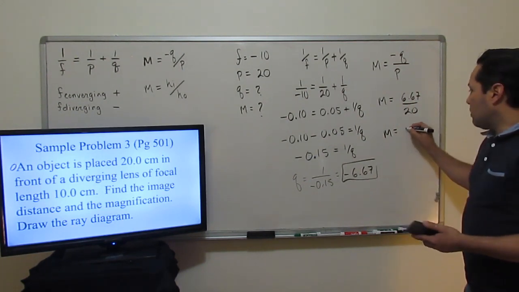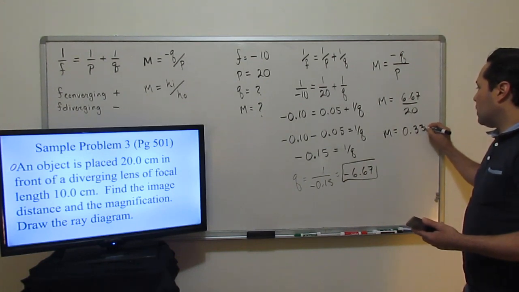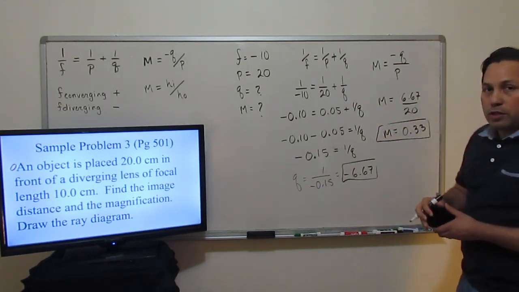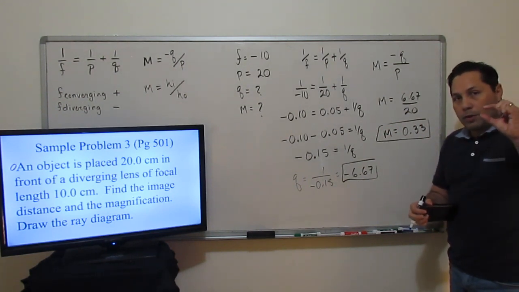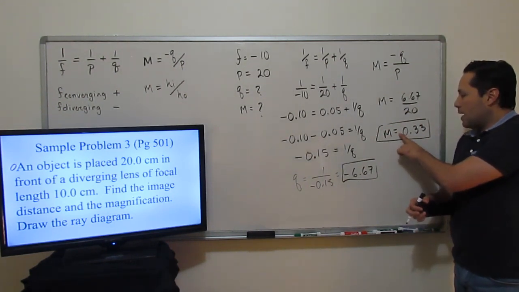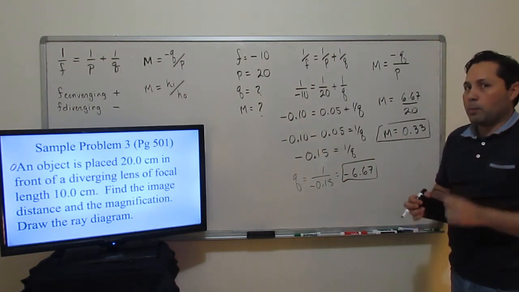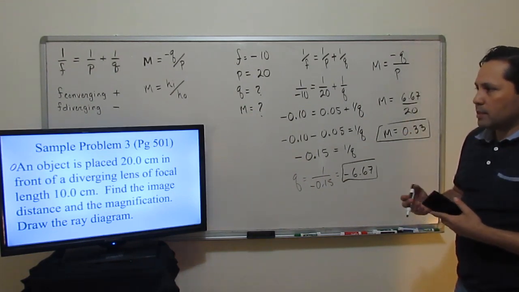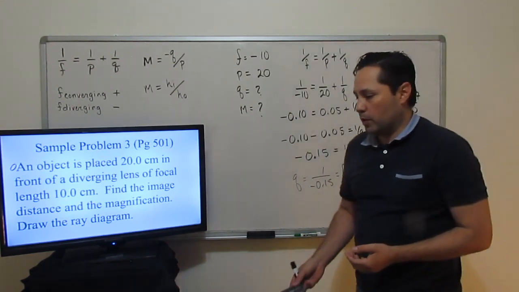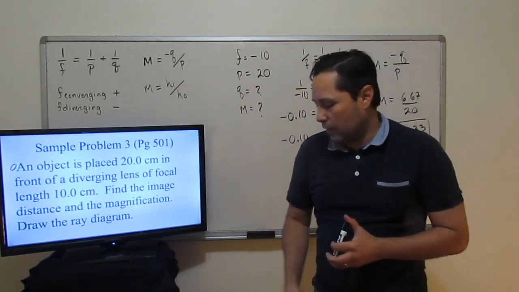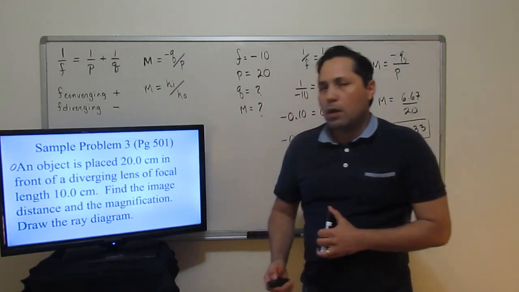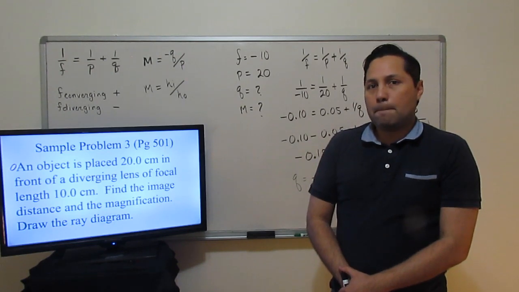So that gives us a magnification of 0.33. Two things about it. It is less than 1, so it is a smaller image than the object. And it's positive, that means it is upright. That takes care of sample problem number 3. And again, for the ray diagrams, I'm going to refer you to the book, page 500, which has those. Let's wrap up this lesson.